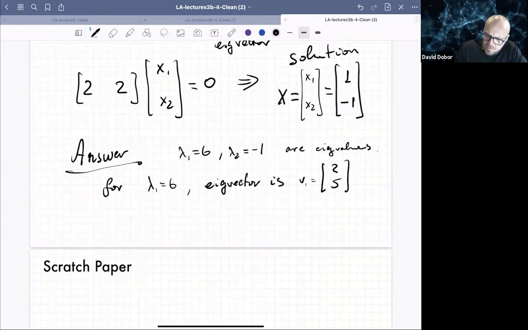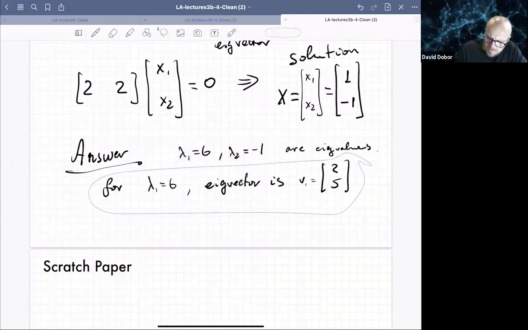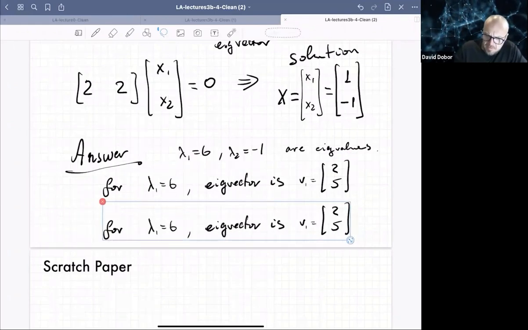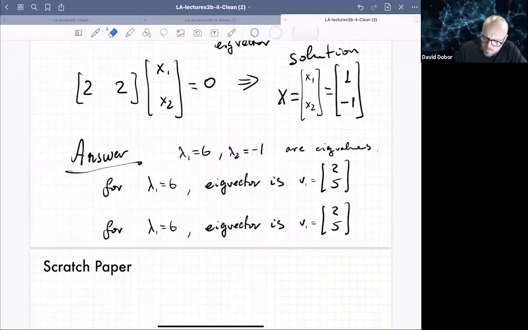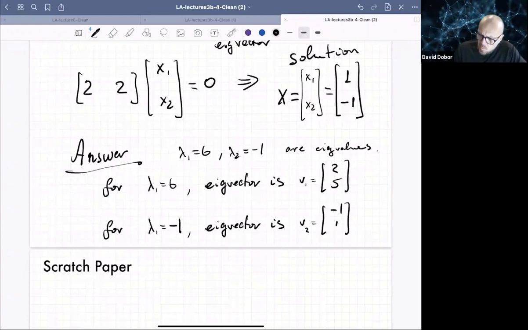For lambda equals -1, the eigenvector is (-1, 1), or (1, -1). They're both eigenvectors.